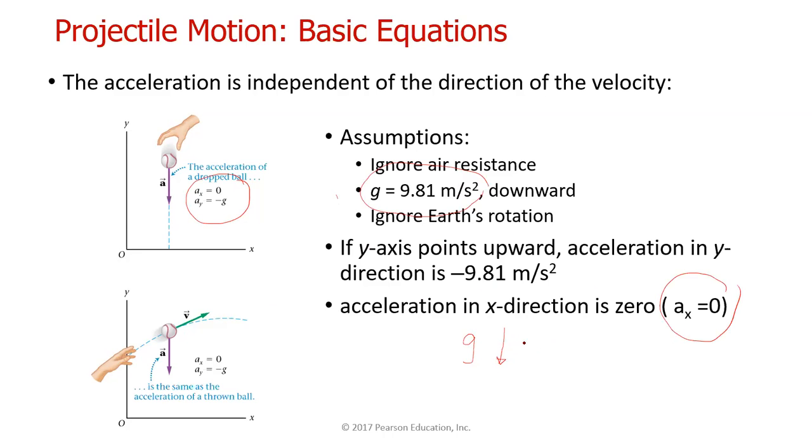And that means if I look at the x, this is the acceleration. Remember, we talked about components of a vector. If a vector is completely in the y direction, then what is my x component? The x component is 0. So that's why this is 0.